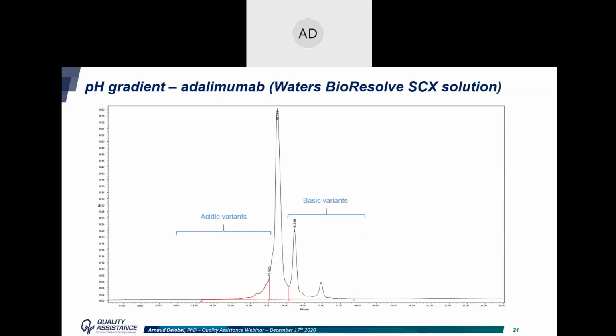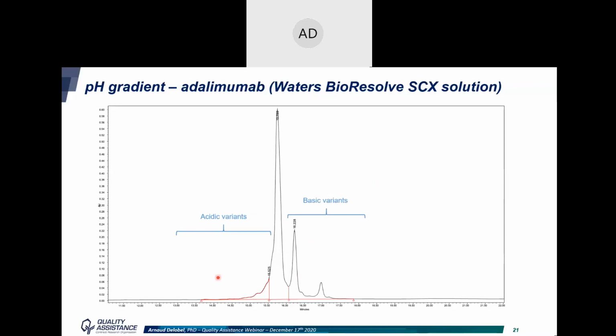You see that you get a nice separation between the basic variants, and you observe those acidic variants in the other way. So you get a separation that is not as good as what we obtained with the salt gradient method that was specifically optimized for adalimumab, but you get anyway a separation that is acceptable.